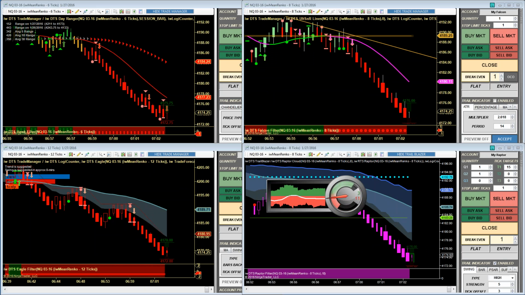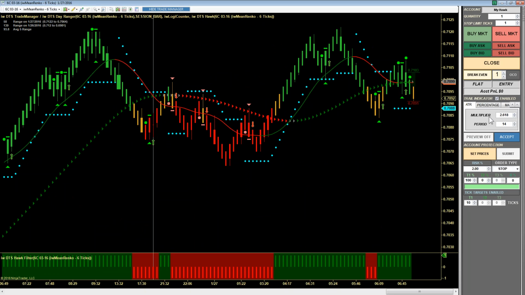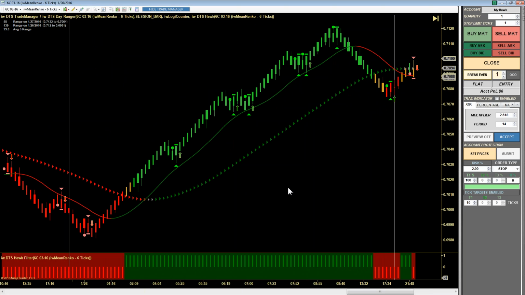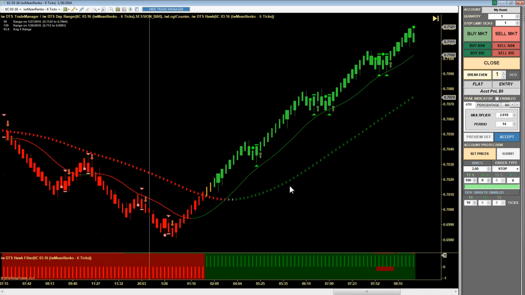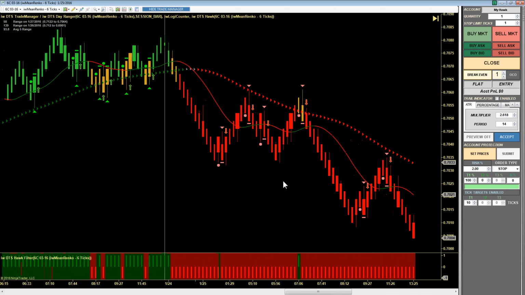One second here, I'm going to bring over the Hawk Scalper. Now the Canadian dollar, let me see here the daybreak lines. That might be about as tight as I would allow.